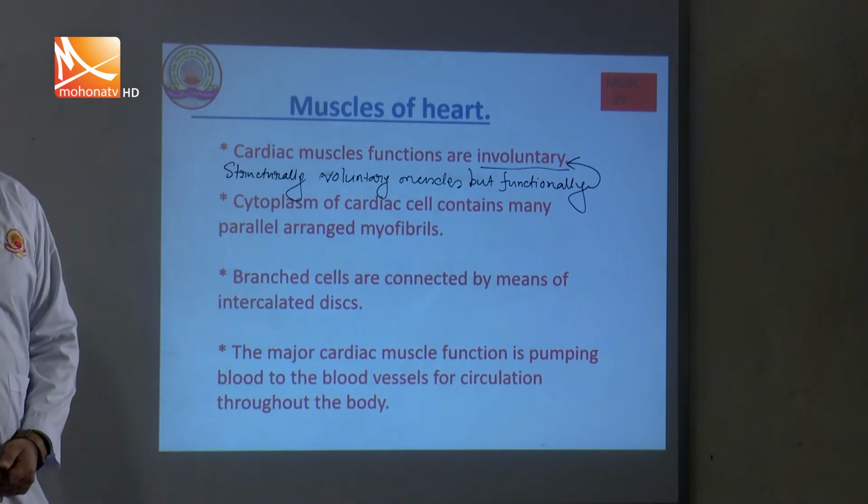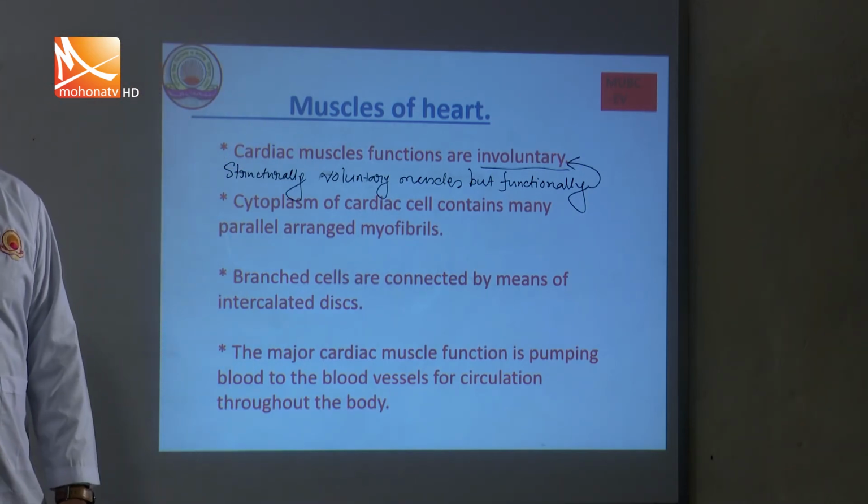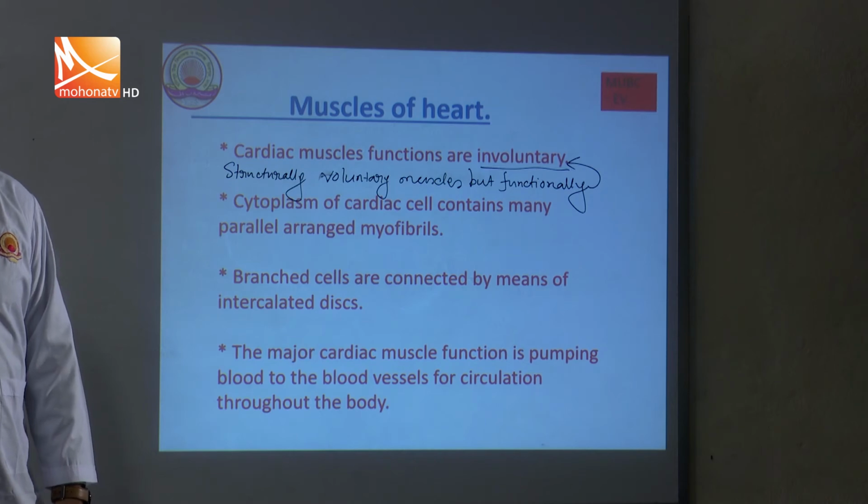So it is a special type of muscle that composes the human heart.